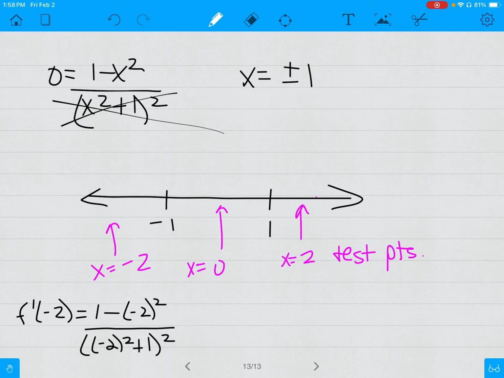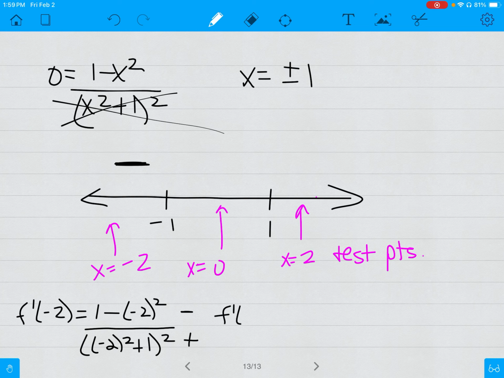Well, the sign of the numerator, when I square negative 2, that's going to be 4, positive 4. 1 minus positive 4 is negative 3. So that numerator is going to be negative. Negative 2 squared in the denominator is going to be positive 4, plus 1, positive 5. Square it, 25. So that's a positive, and negative over positive is a negative. So the sign of our derivative in that first interval is negative.